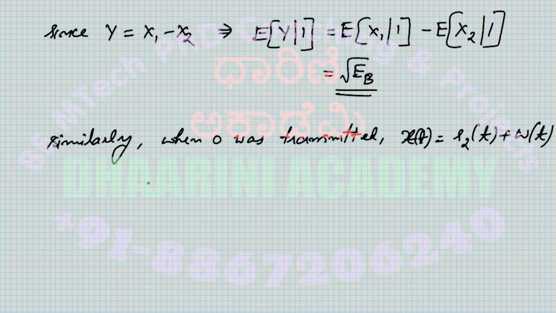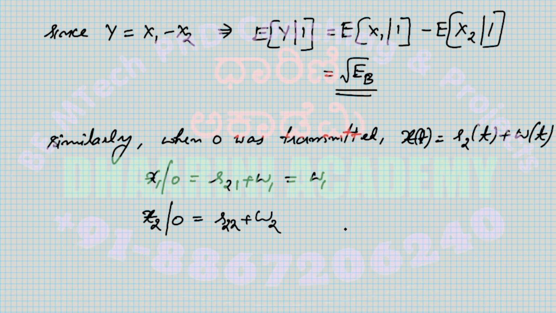So try to denote x1 given 0 as s21 plus w1. But what is s21? That is 0, only w1 remains, right? Similarly, give a notation x2 when 0 was sent. In the sense, you send a 0, receive a 0. That is s22 plus some noise, maybe w2. Okay, so s22 will be root Eb, right? Plus w2 remains.